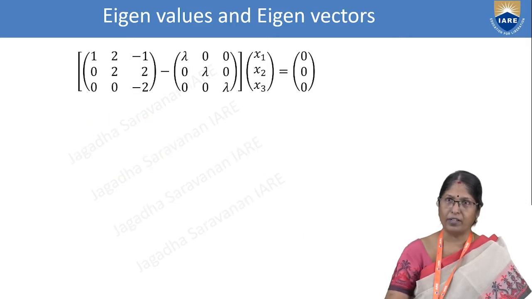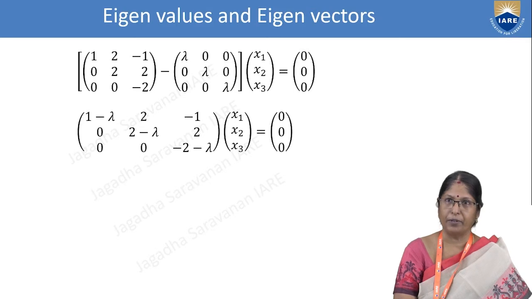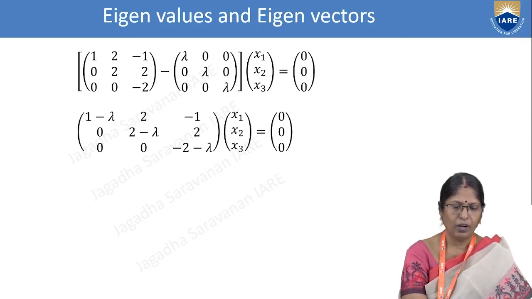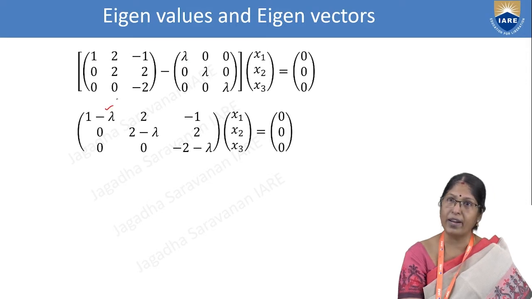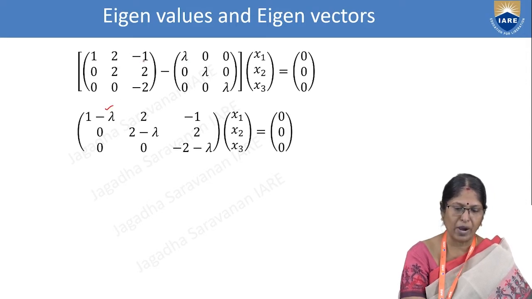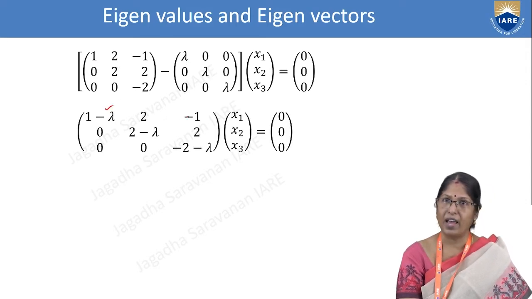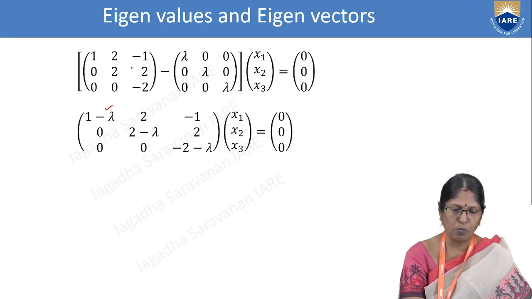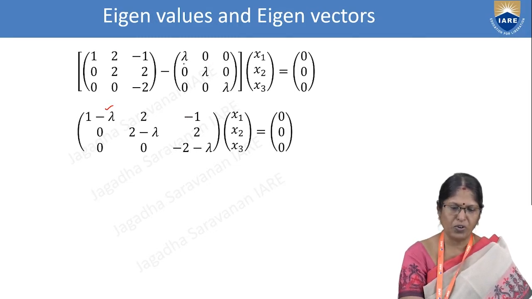Now it is the previous slide only, repeated. Now you can see 1 minus lambda, 1 minus lambda. The 2 minus 0 is written as it is, because 0 in mathematics plays the role of the additive identity.